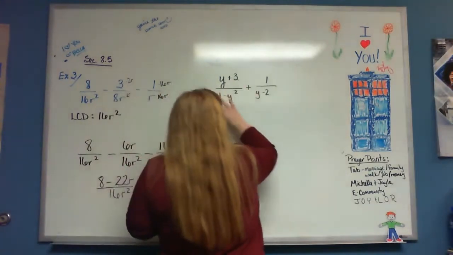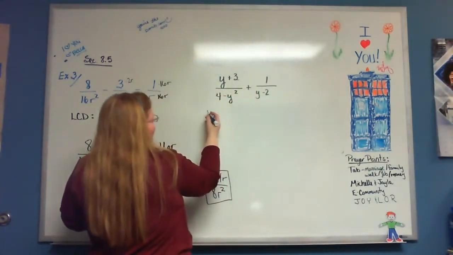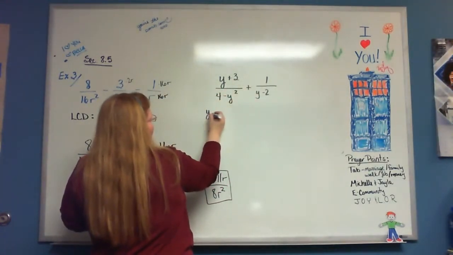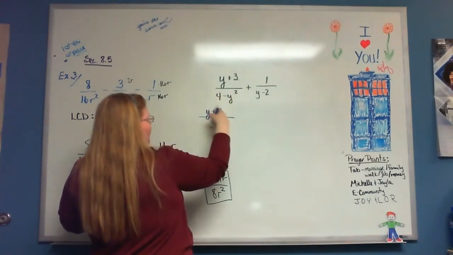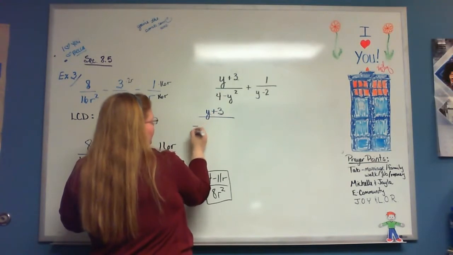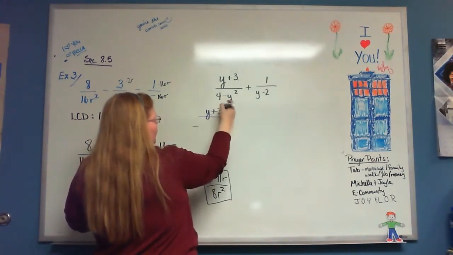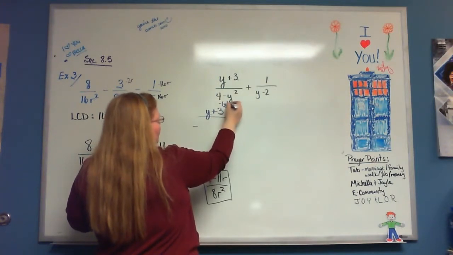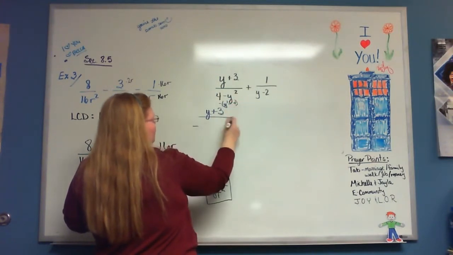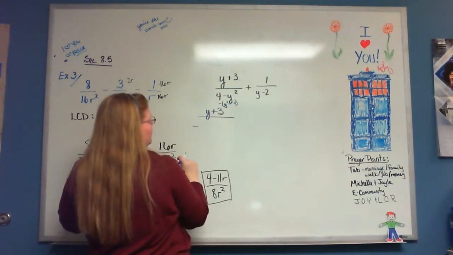So when I go to factor this on the bottom, that's going to turn into y plus 3 on top. And then on the bottom, when I go to factor it, first I'm going to take that negative out. That's going to flip places. That'll give me y squared minus 4, because it flips places.